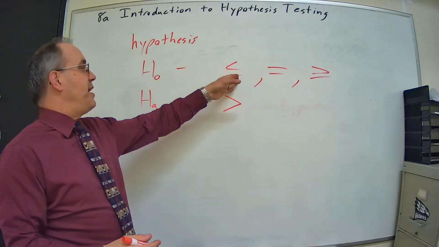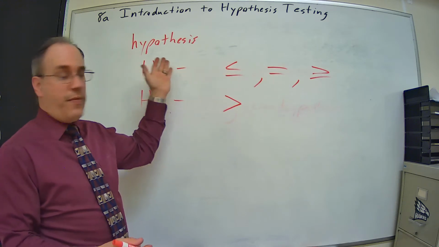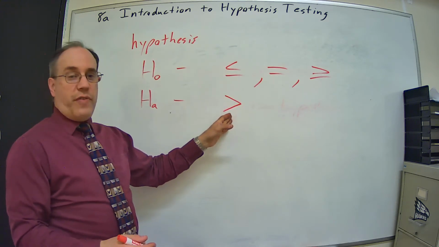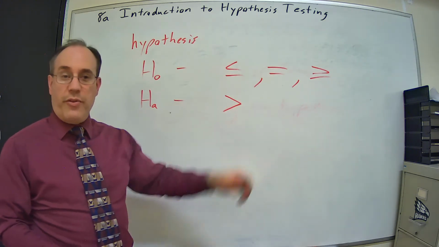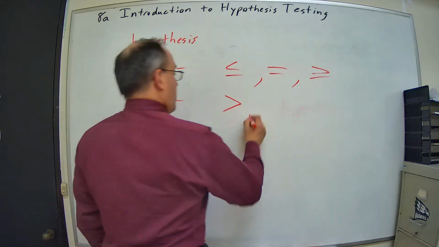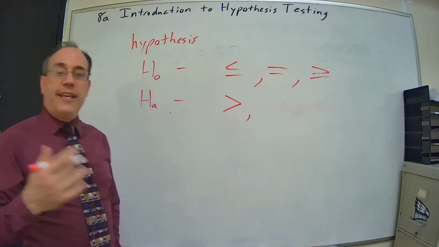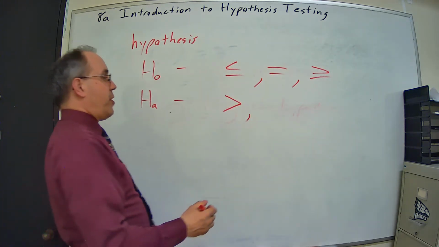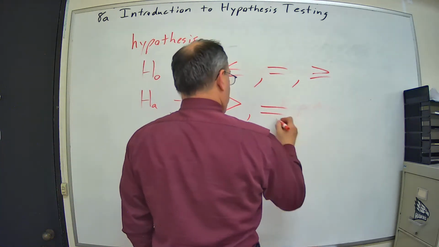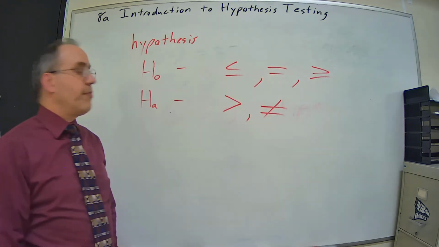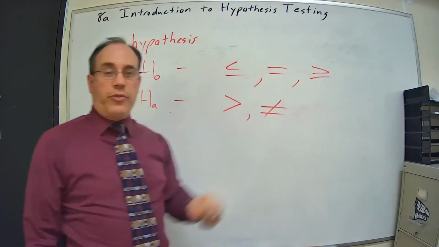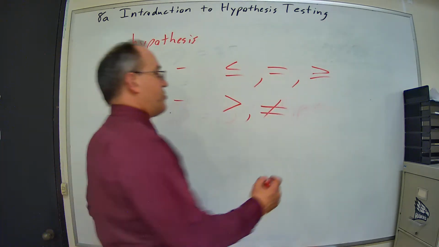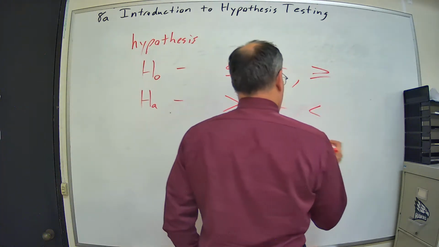This is equal to, and anything to the left of it, anything less than it. Then the alternative hypothesis, the complement, is everything else, whatever's to the right of it, what's greater than it. If the null hypothesis is equal to, then the alternative hypothesis is not equal to. And if the null hypothesis is greater than or equal to, then the alternative hypothesis will be less than.